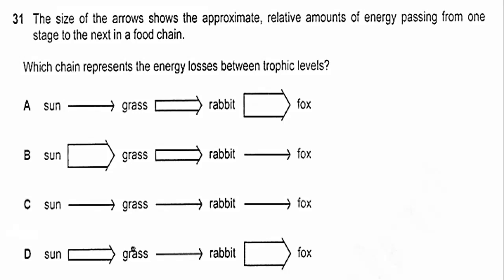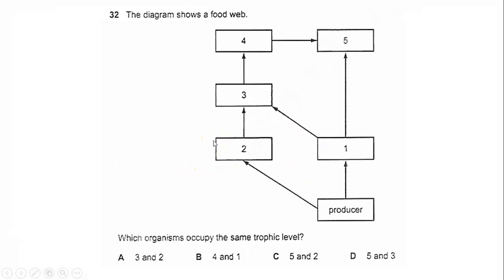Which chain represents the energy losses between the trophic levels? It's going to be B, because of course the amount of energy produced by the sun and received by the grass is much bigger than the one taken by the rabbit from the grass, and also it is way bigger than the one taken by the fox from the rabbit.